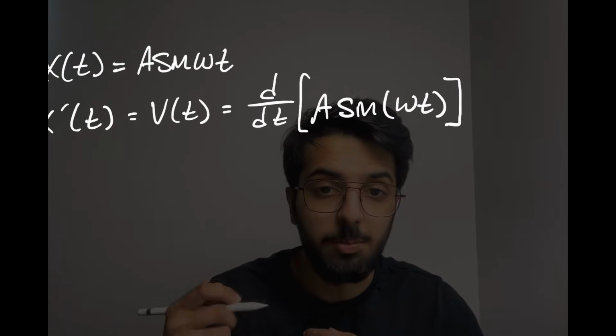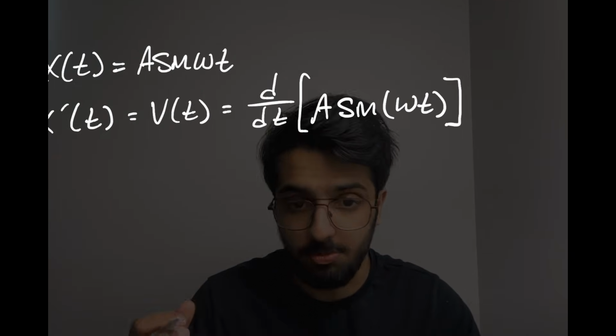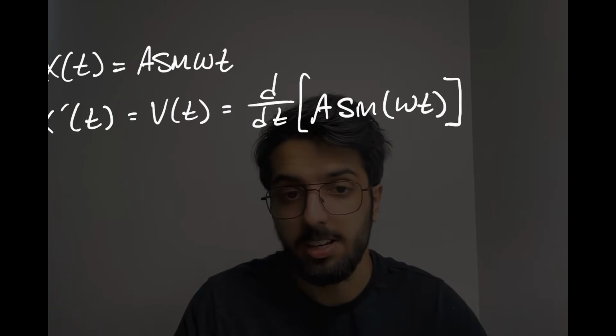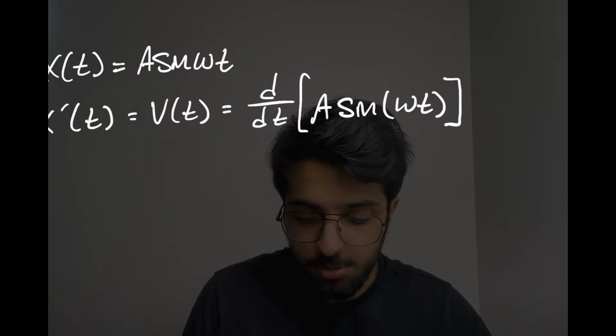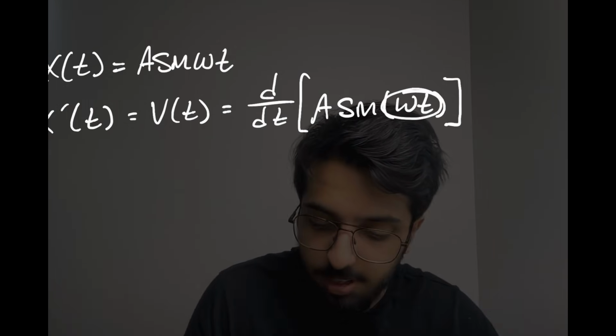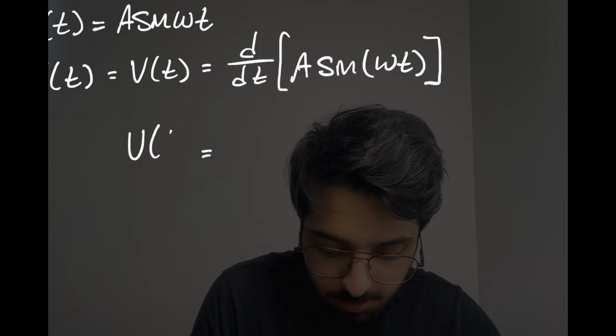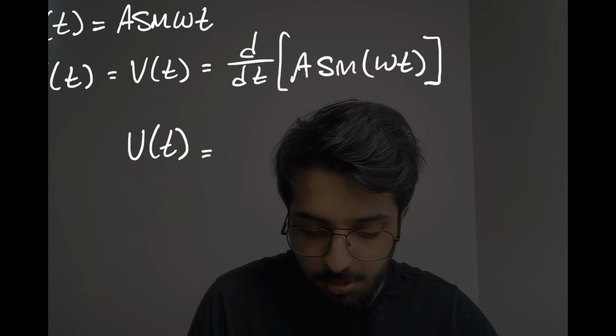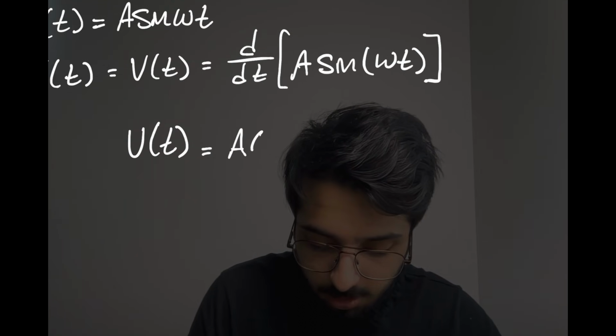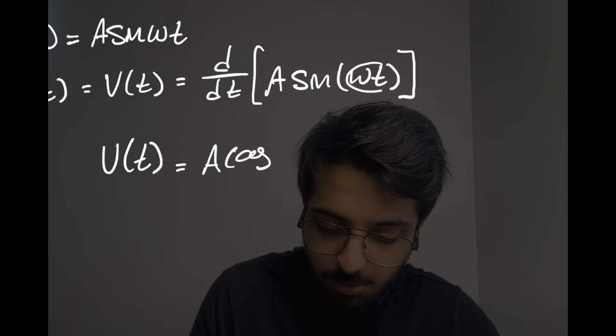And we should remember that when we differentiate sine, we get cos. And also, when we differentiate a trig function, we also need to differentiate what's in the brackets. So when we differentiate this, we get our velocity with respect to time is equal to a cos, and then the derivative of what's in this bracket.